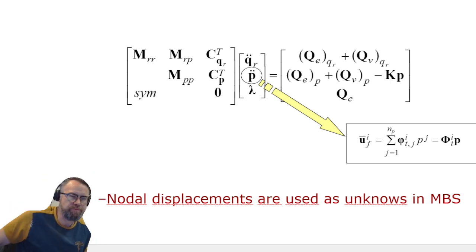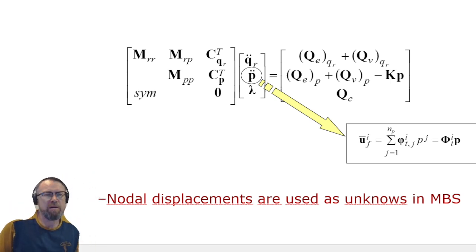So it works like this. In flexible multibody dynamics, when using the floating frame of reference formulation, you are solving for the modal coordinates. And modal coordinates are related to nodal displacements via this deformation matrix, the matrix that tells you the assumed deformation modes.